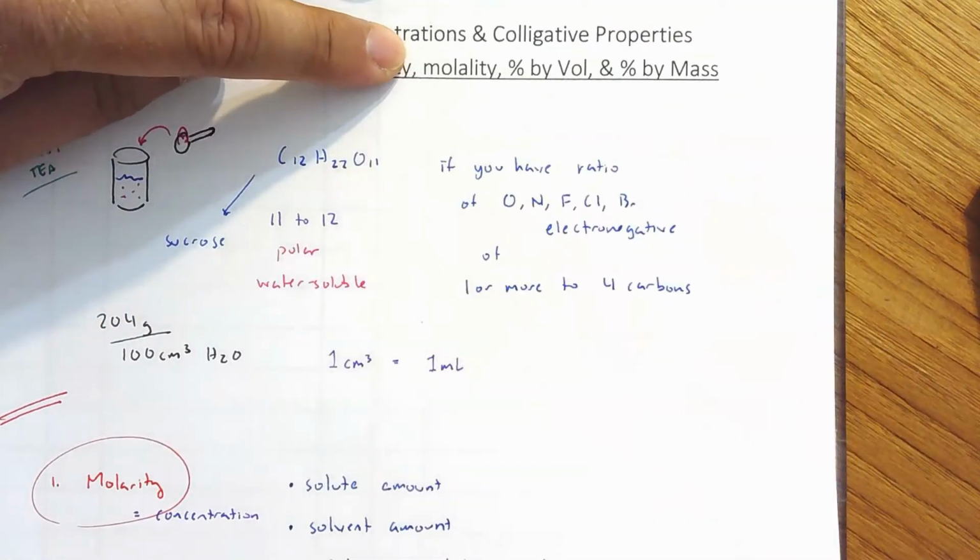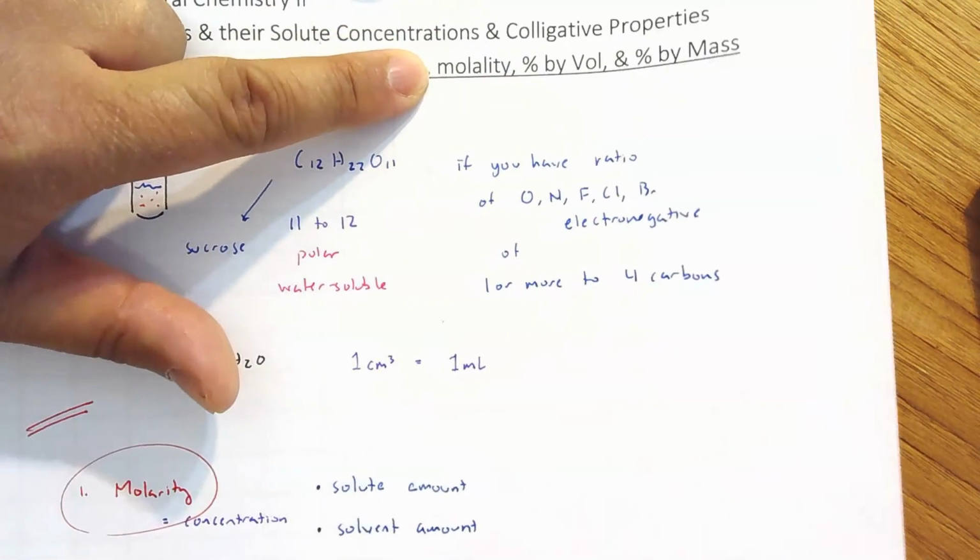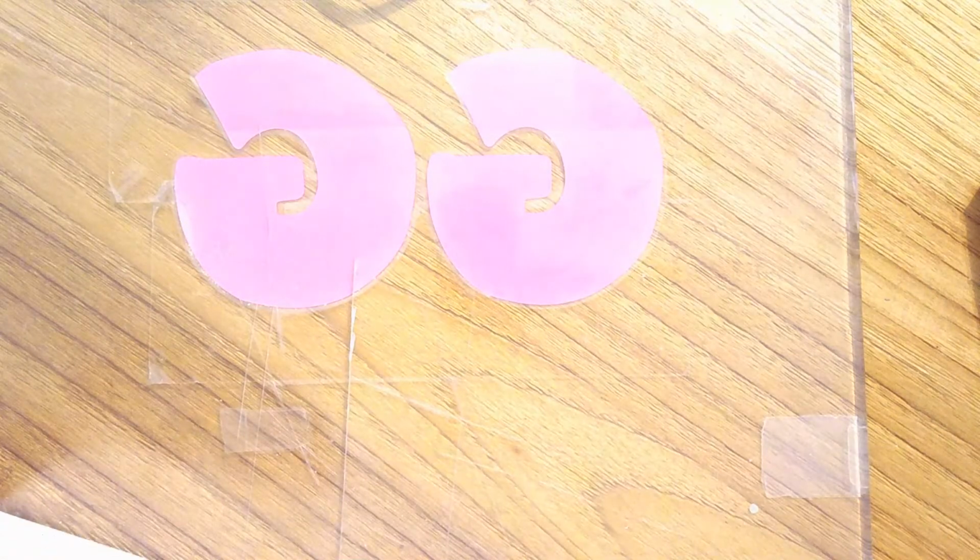Next, molality. I made this small, lowercase, because while the molarity unit symbol is big M, molality is little m. And we could still use sodium chloride, but now we're going to express it as a molality.